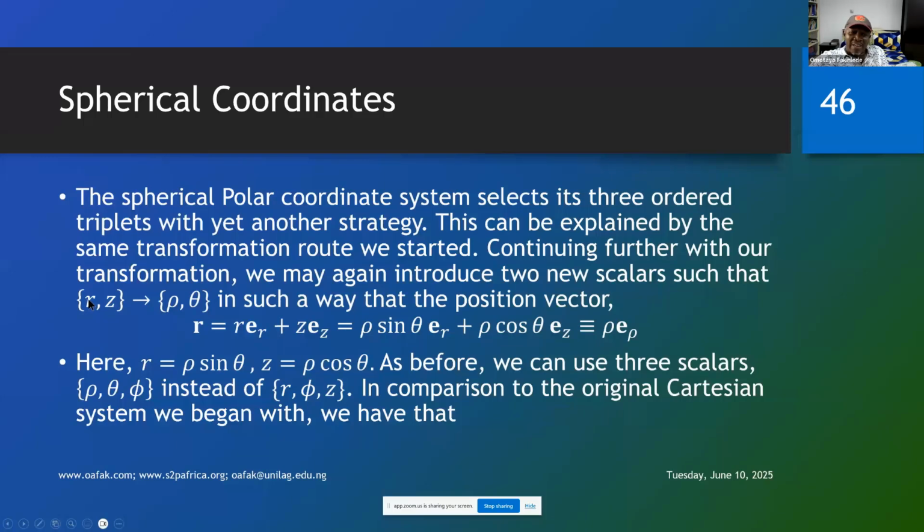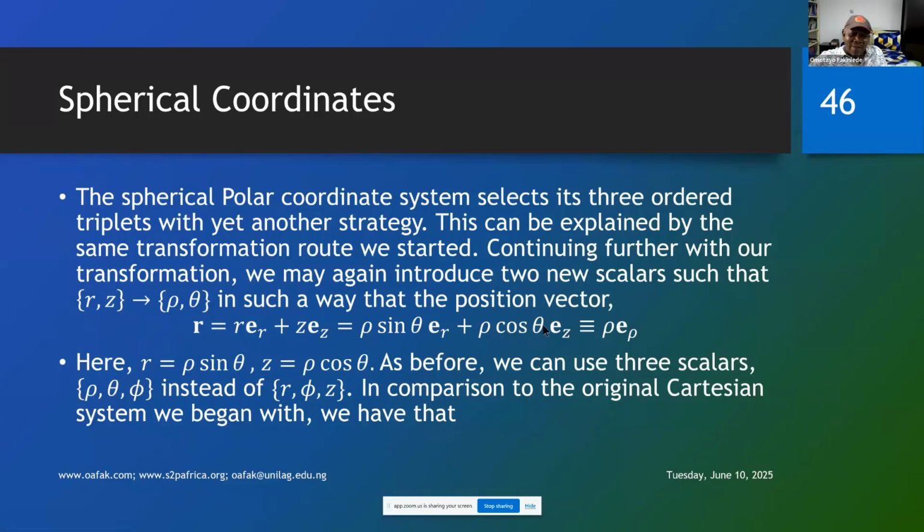Since the position vector in the cylindrical is R e_R plus Z e_Z, we are introducing a relationship that R is equal to rho sine theta and Z is equal to rho cos theta.